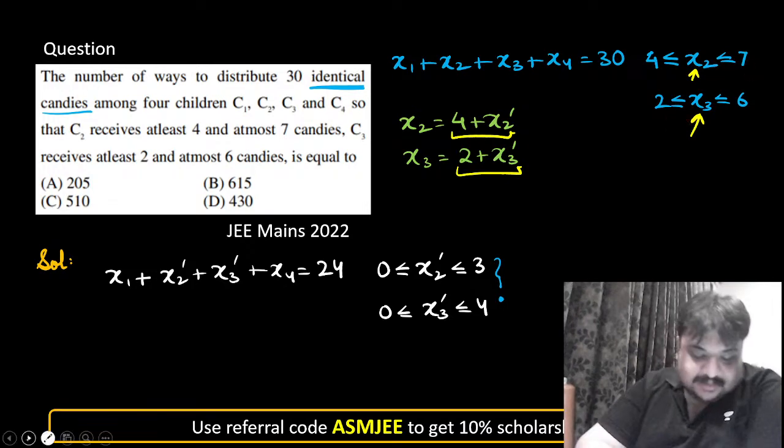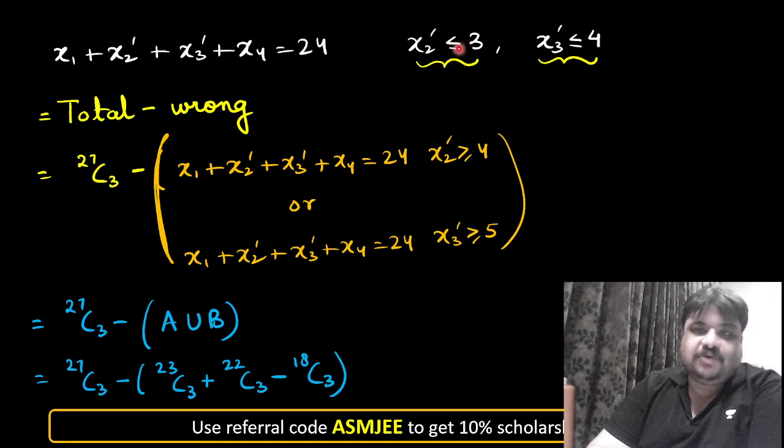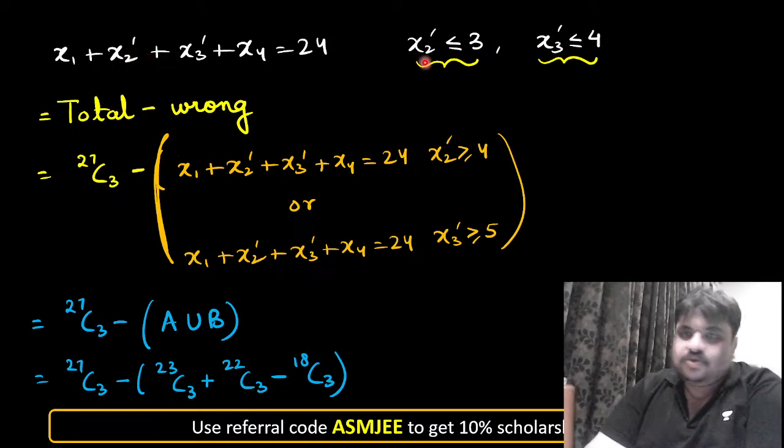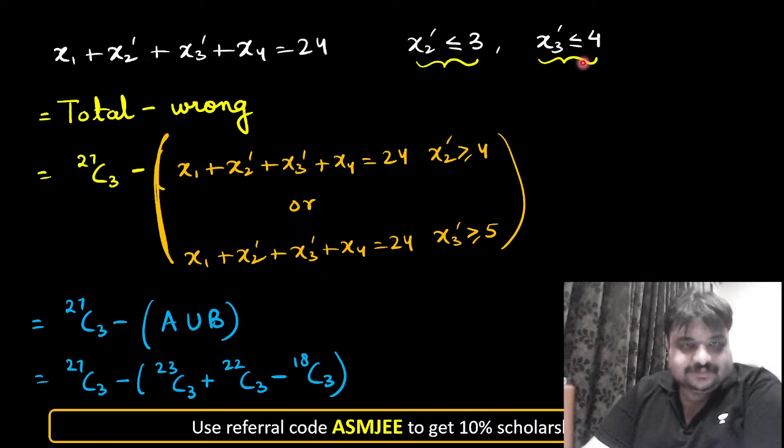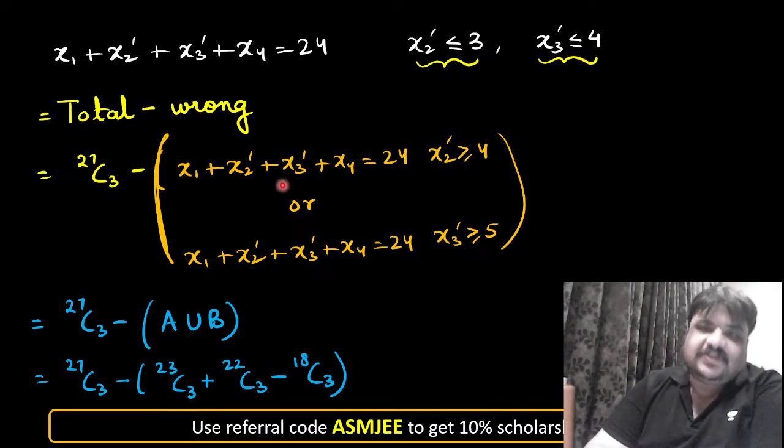But for upper limit, you cannot use dash, because if you apply 3 minus x2 double dash, you will get a minus sign here and you do not have any formula when a minus sign comes here. So stop saying we'll put 3 minus x2 double dash now. We'll put 4 minus x3 double dash now. Clear? So you'll have to use total minus the answers which are wrong.